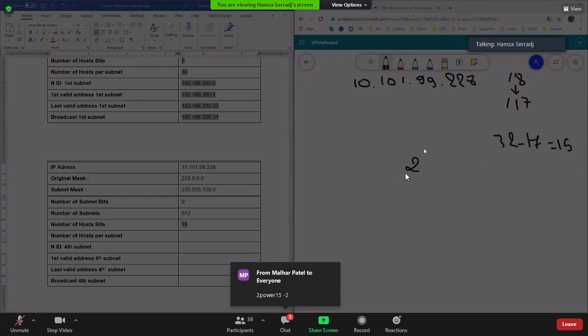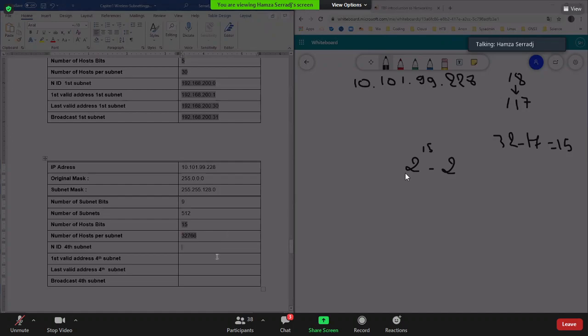So 2 power 15, the number of host bits, minus 2. That's gonna give me here in my calculator 32,766. Please correct me if I'm wrong.